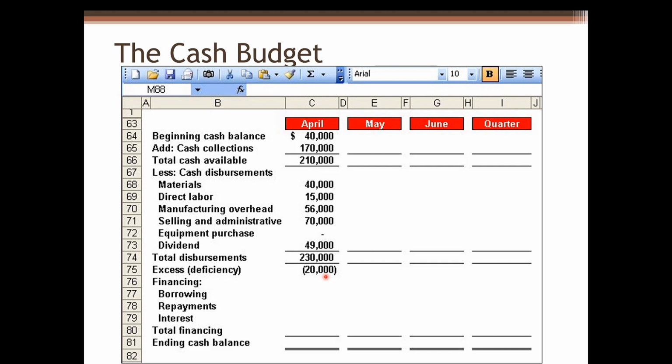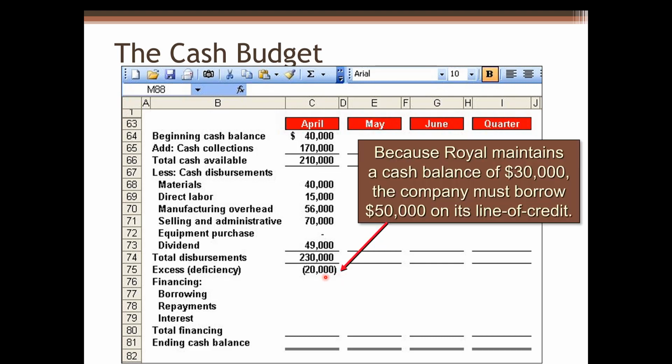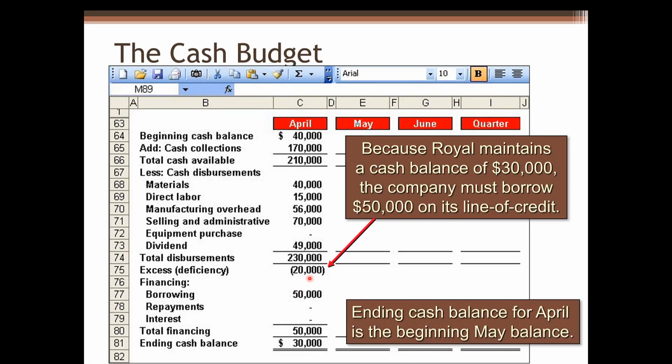So in April, the company has a deficiency of $20,000. But Roger company needs to maintain a cash balance of $30,000, which means the company must borrow $50,000 on its line of credit. So the company needs to borrow $50,000, and we put it in the financing section.